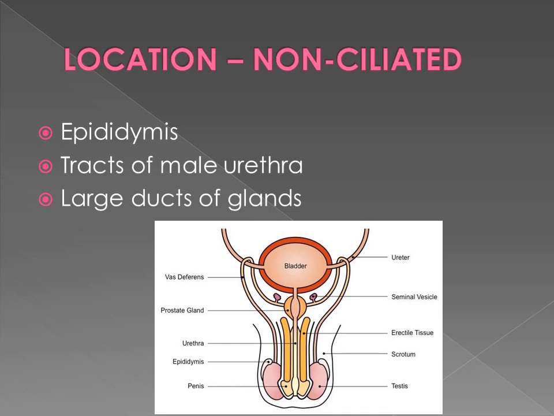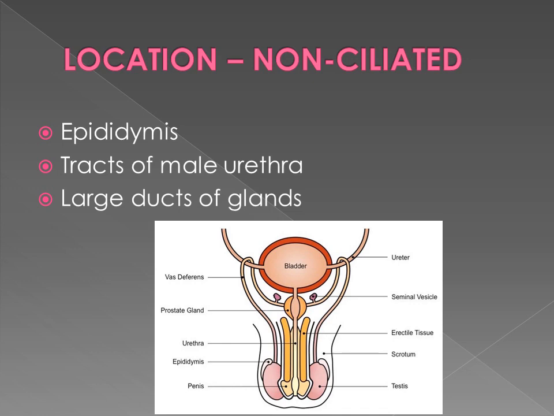Then another region is the tract of the male urethra. Can you see this male urethra? It starts from the bladder, one long tube that is known as the urethra. It is marked there as the urethra. In the urethral tract, this pseudo stratified epithelium is present.